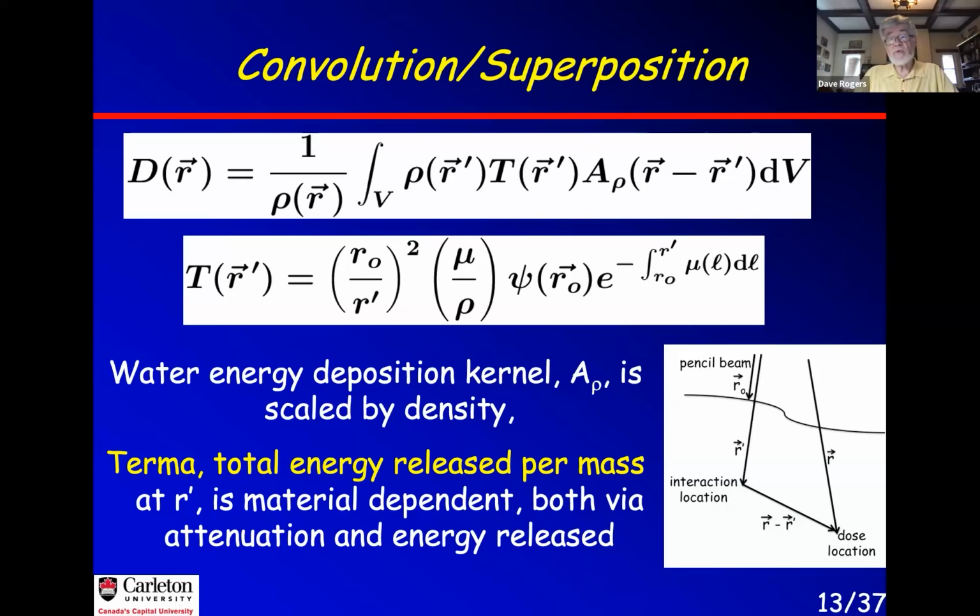And traditionally where these come from are Monte Carlo calculations, which have been very detailed, but they were done for water, okay? So you start off with this energy deposition kernel, which is in water, and you have to scale it to take into account the realistic density that's being experienced in the calculation.